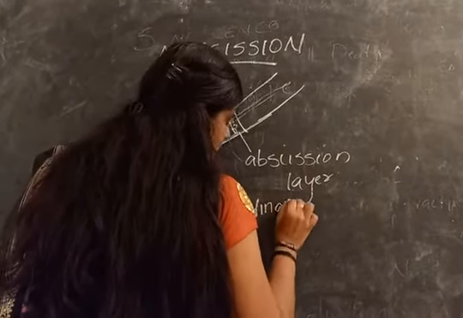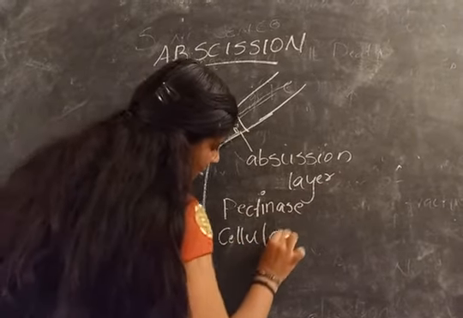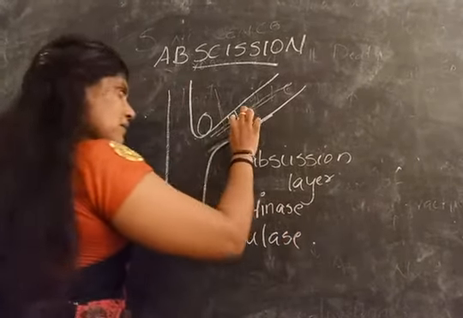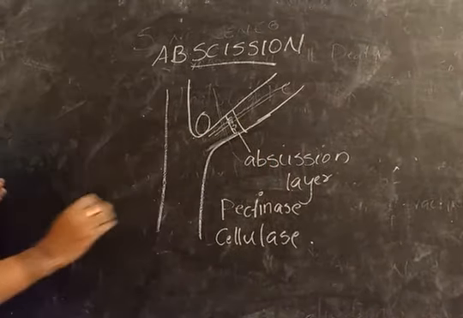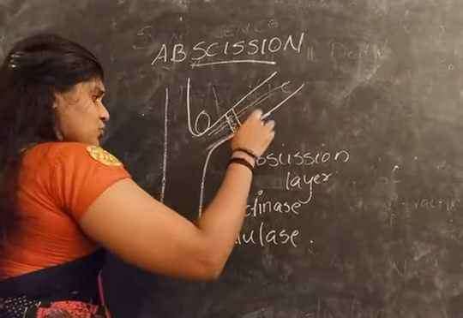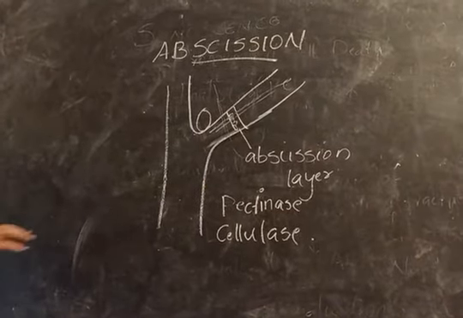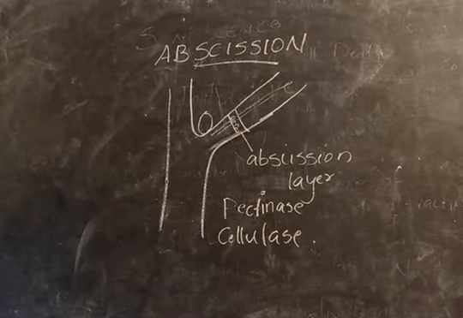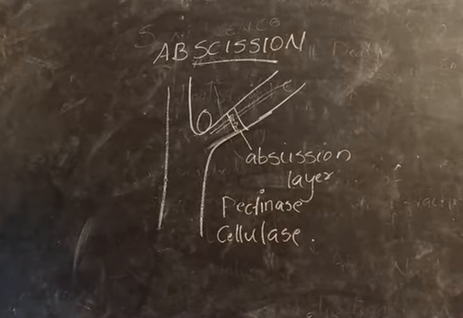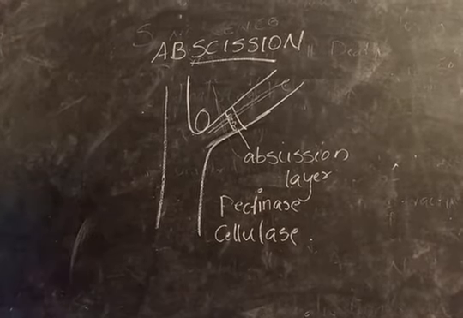So, due to the activity of pectinase and cellulase, the cells in the abscission layer separate. This results in the loosening of cells in the abscission layer.